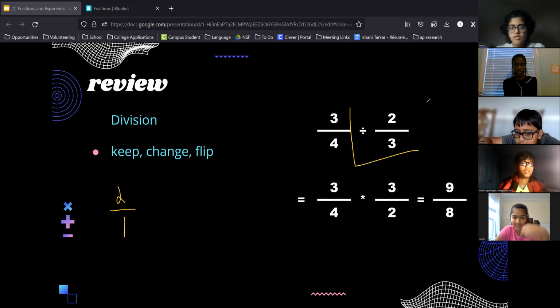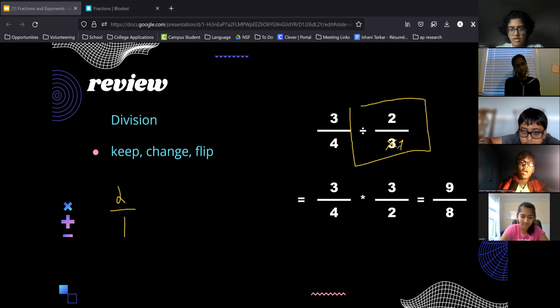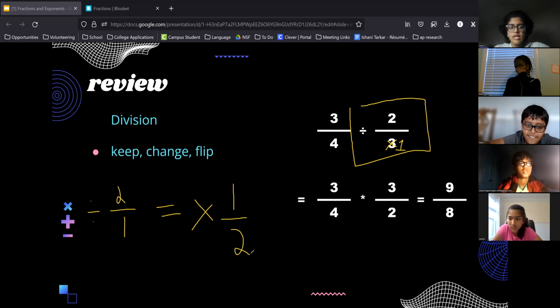If we were to divide 3/4 by 2 over 1, which would just be dividing by 2, then that's equal to multiplying by 1/2. And that makes sense, because when we divide by 2, we're just finding half of a number.